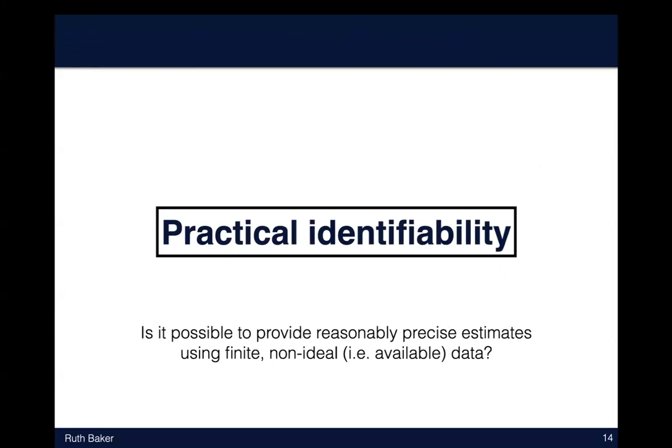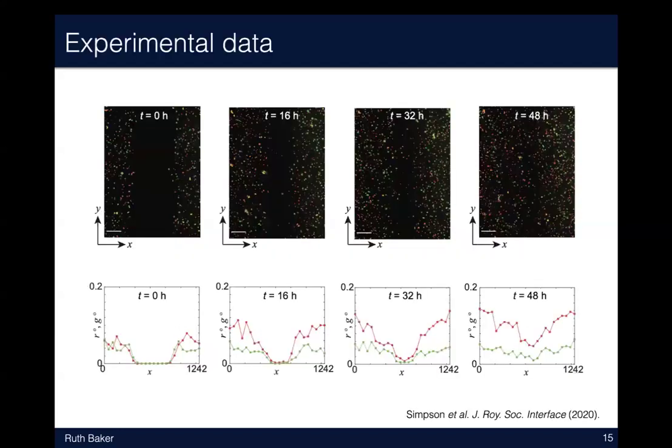So my slightly ad hoc definition is going to be to say, can I provide reasonably precise estimates of my parameters using finite, non-ideal data, so the data that I actually have available to me. And I could put a bit more of a firm hat on that, but that's generally what I mean. How much do I learn maybe as a result of having done an experiment over and above what I already knew?